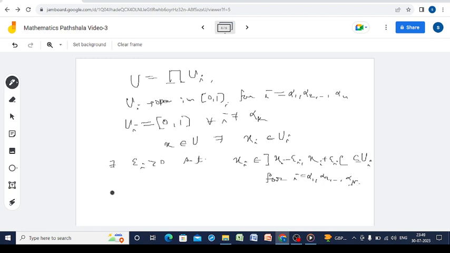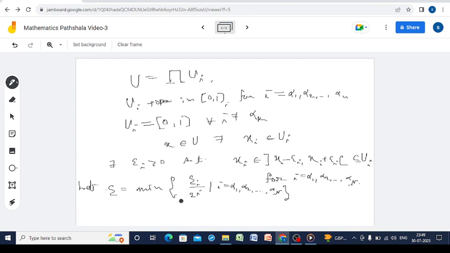Now let us take ε equal to the minimum of ε_i by 2 to the power i for i equal to α1, α2, ..., αn.